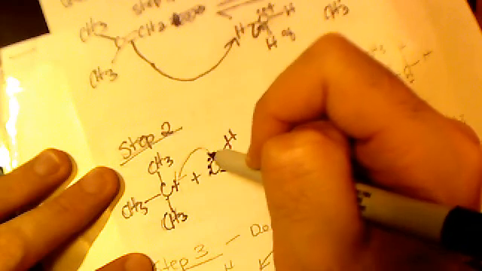So step 2, which I think is an SN2 reaction, but that's not what we're talking about right now. So we have the carbocation from step 1, and then we have the water. The water is going to act like a nucleophile, giving its 2 electrons to the carbocation.